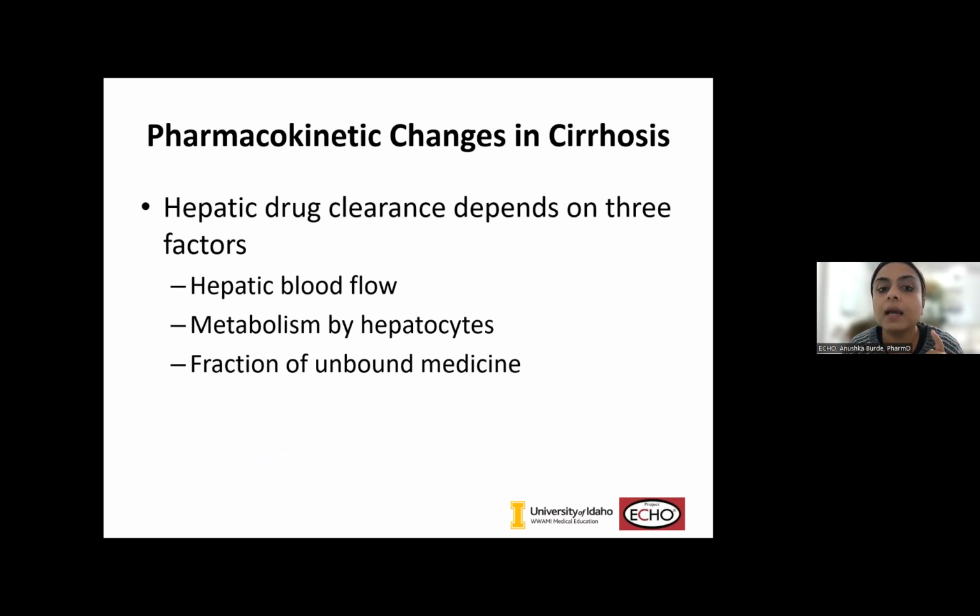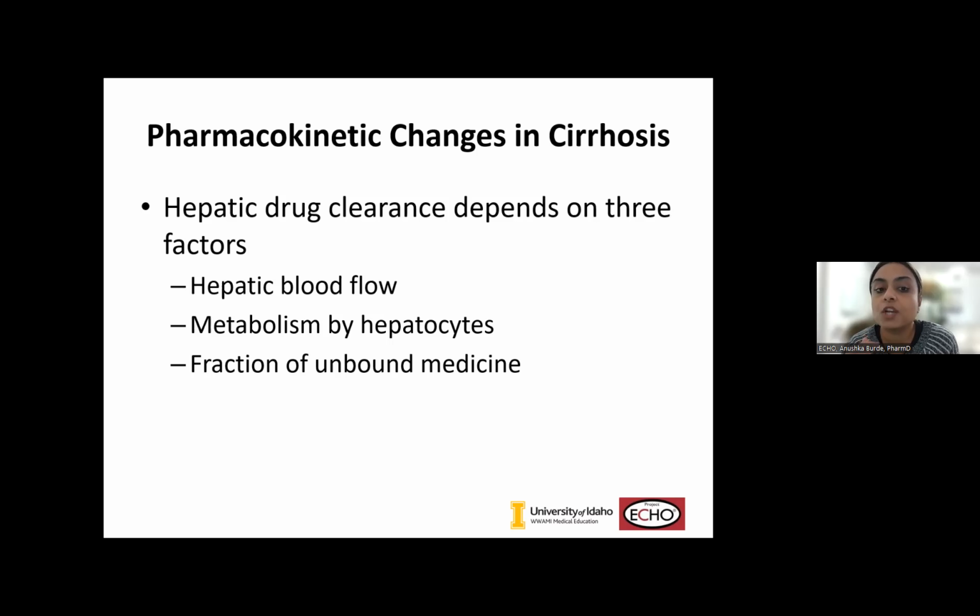Now, hepatic drug clearance depends on 3 different factors: the hepatic blood flow, metabolism by hepatocytes or liver enzymes, and the fraction of unbound medicine, which depends on the quantity of plasma proteins. In the setting of cirrhosis, there is restricted hepatic blood flow. There is a lot of vascular resistance, so the hepatic blood flow is significantly reduced.